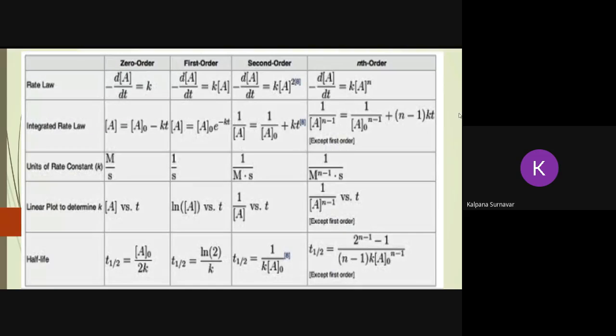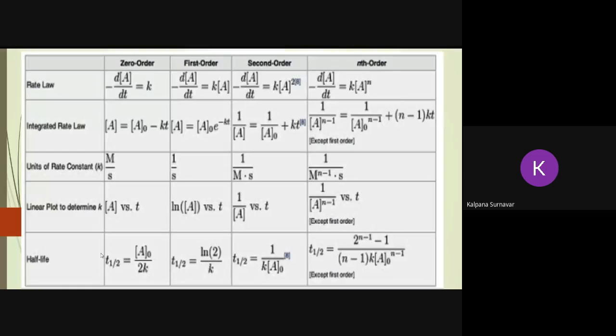Just keep in mind the nth order column, and you can find out all parameters like the rate law, integrated rate law, unit of rate constants, linear plots for zero order, first order, second order, and the half-life equations, by just keeping in mind all these terms included in the nth order equation.